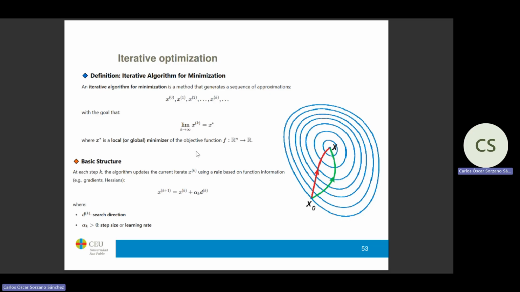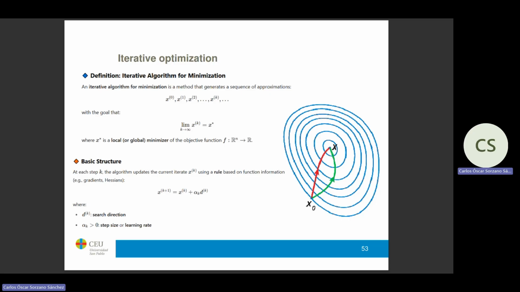We will see that in time. So the idea is that you have an estimate of what the minimum is, and then you update that estimate to the next one by moving in some direction, some amount.